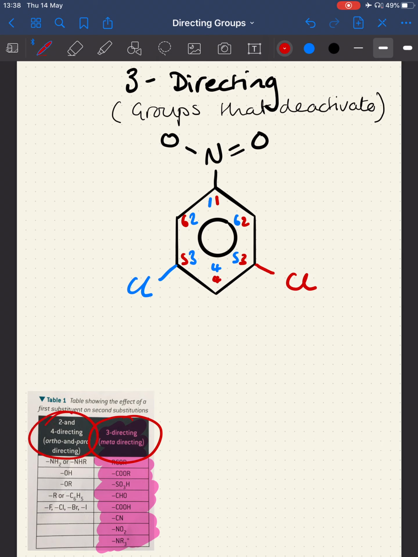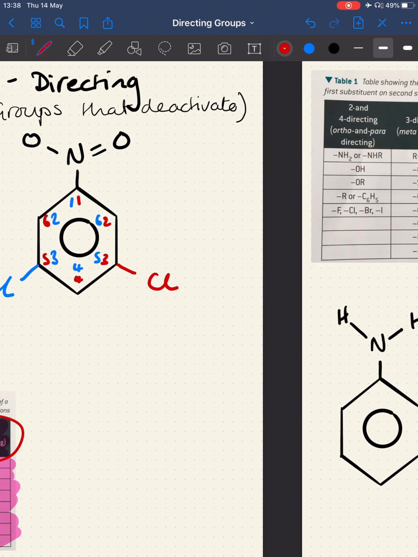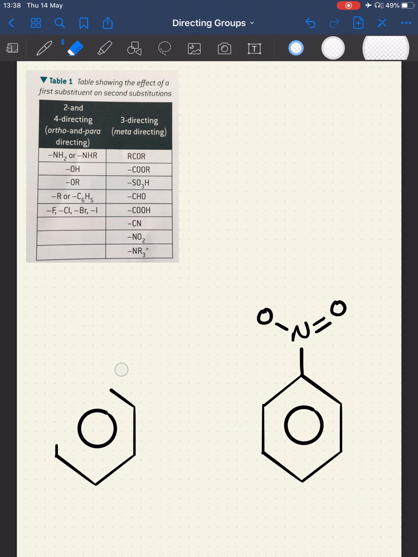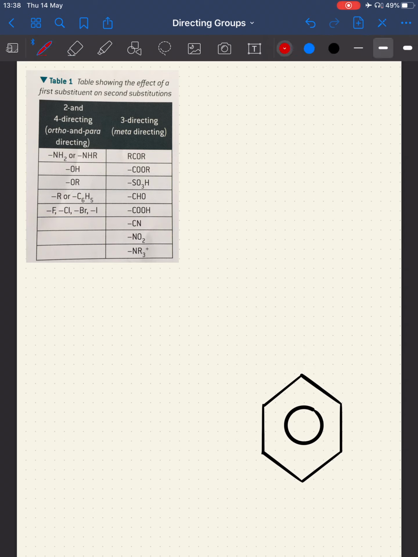Have a look at what is bonded onto the ring. So you might get, for example, a compound that is referred to, and they'd ask you what the monosubstituted product of this compound might be.